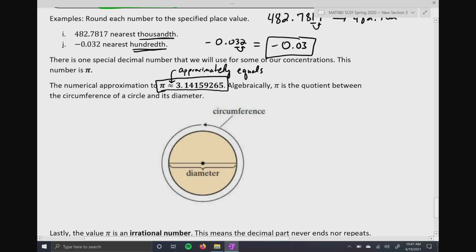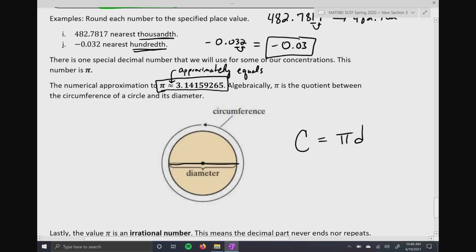But if I were to cut it right down here and fold it out, it becomes a line. So the circumference is nothing more than the distance around the circle. Okay? If I cut the circle in half, what we just found is the diameter. And circumference is equal to pi times its diameter.